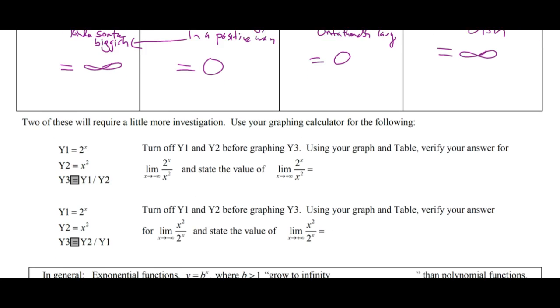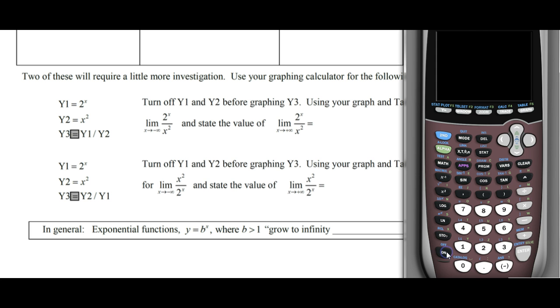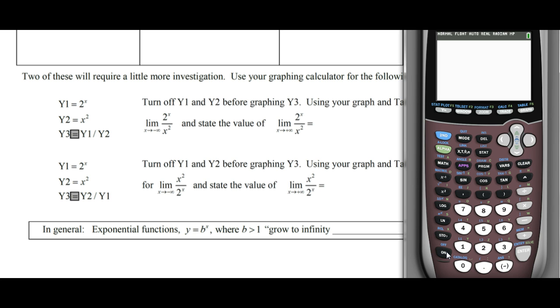So we will use a graphing calculator, my graphing calculator, because I brought it. So y1, we're going to graph as 2 to the power of x. And y2, we're going to graph as x to the power of 2.